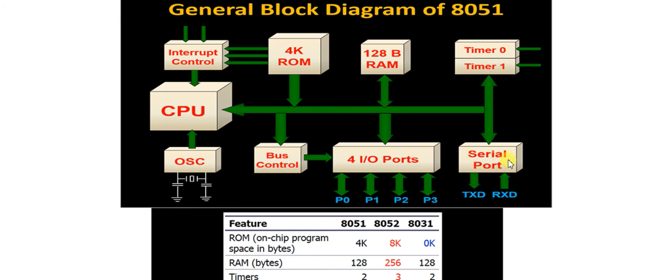There is also a serial communication control block, which transmits and receives data through external serial devices. All these peripherals are connected with the CPU using buses. This line shows the bus, which contains the address bus, data bus, and control bus.